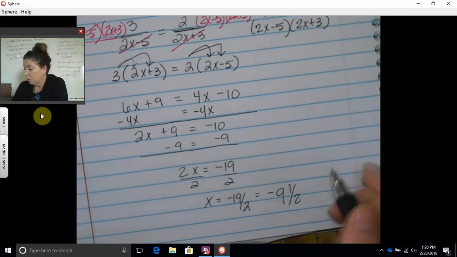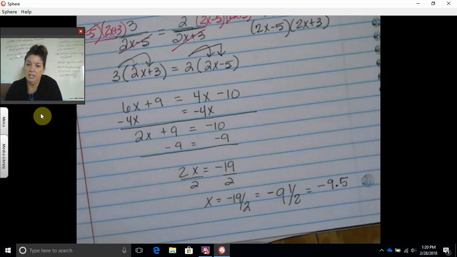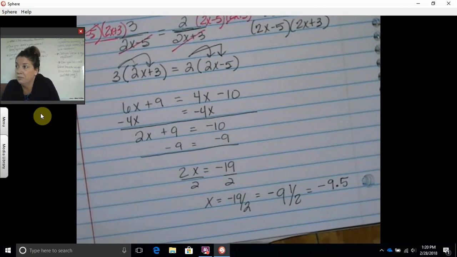Over 2. Or as a decimal, that'd be negative 9.5. I don't care which way you leave it. If I were going to graph this point where they intersect, I would probably want to see it as negative 9.5, but negative 19 halves takes too much thought to figure out where that is on the x-axis. It's easier to locate negative 9.5, right?